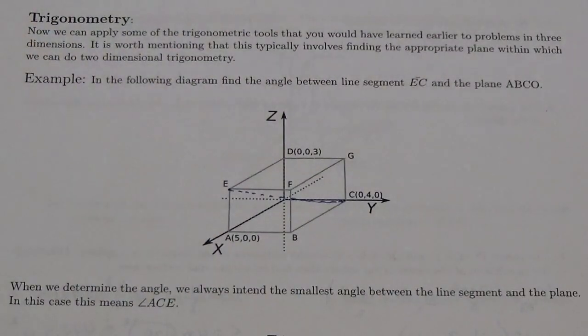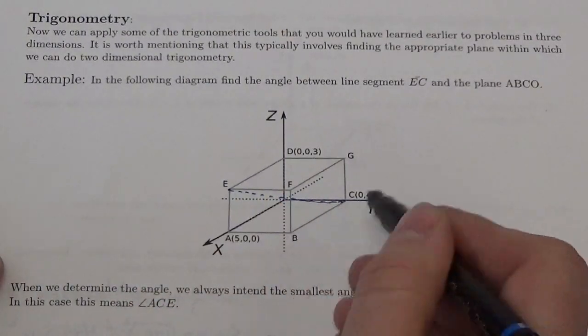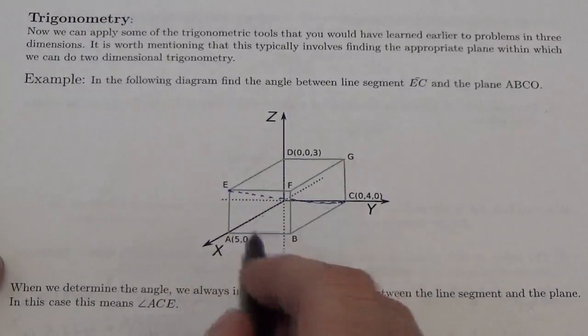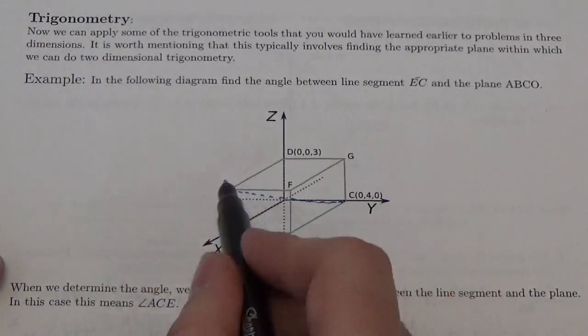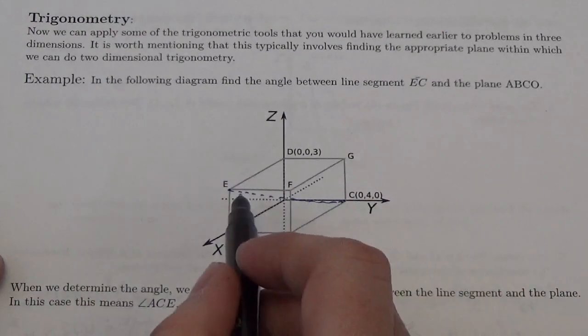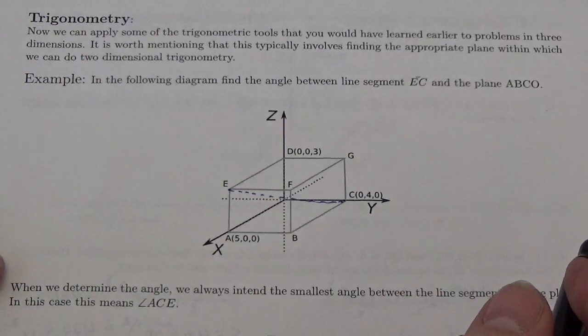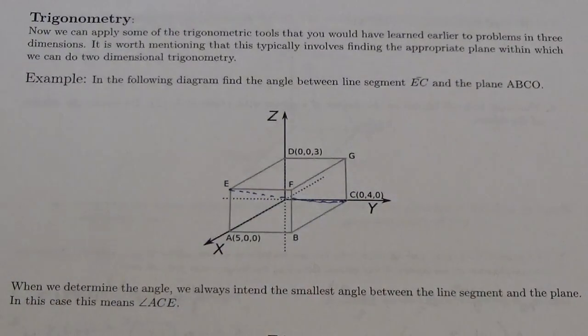But what am I actually referring to? Do I want the angle between EC and BC? Well, BC is in that plane, so if I found this length right here, I could figure out the angle. Do they want the angle between this one and the line, let's say CO? CO is in that plane too.